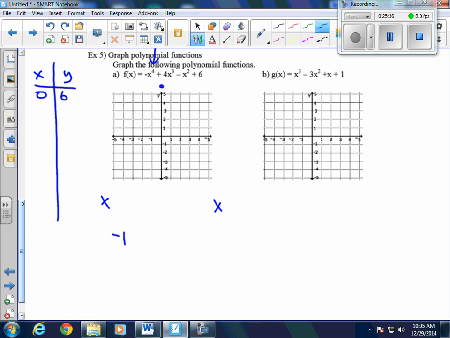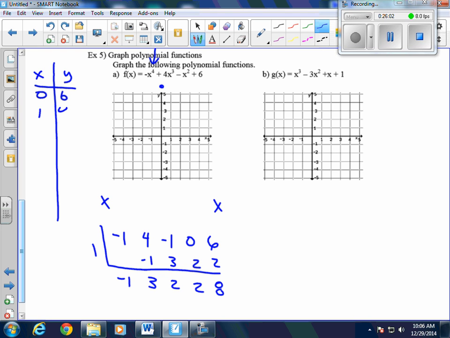So I'm going to go -1, 4, -1, 0, 6, because there is no x term, so I have to have my 0 in there. All right, so let's put in 1. So this is going to be -1, -1, 3, 3, 2, 2, 8. So it's going to be 1, 8.